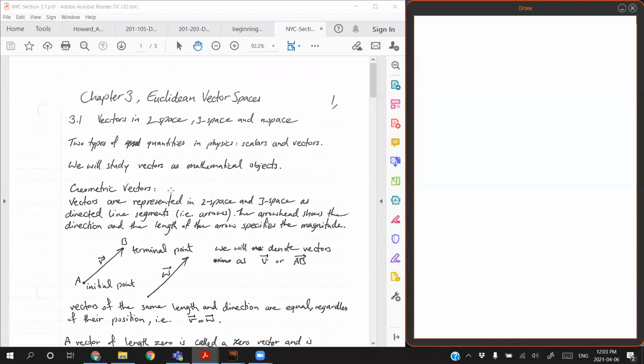Like, for example, a force of 10 Newton this way is different from a force of 10 Newton this way or this way. So these are different forces.